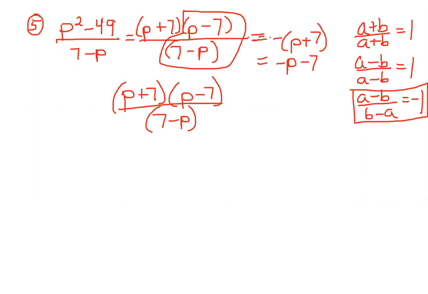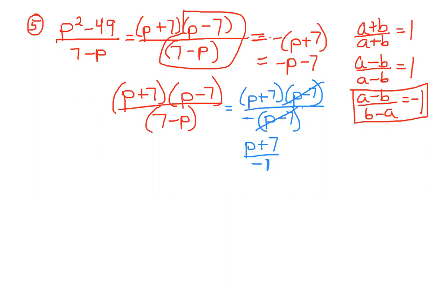Going right back up to this, I'm going to switch this 7 minus p around. So it now is p minus 7 so that they match. But if I switch it, I have to put a negative in front of it. So now these can cancel, and I'm left with p plus 7 over negative 1, which is the same thing that we have up here.